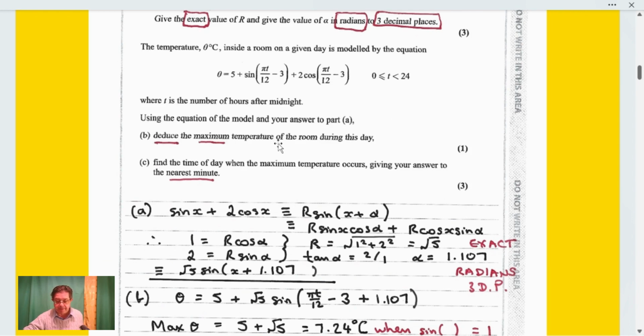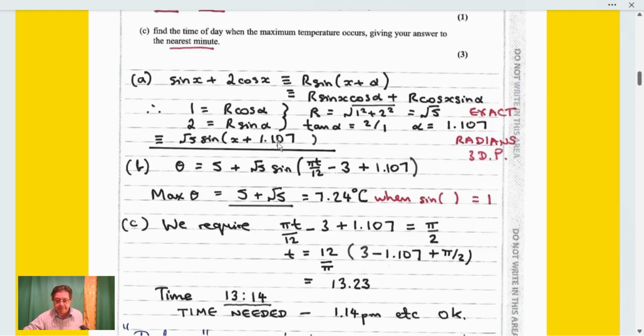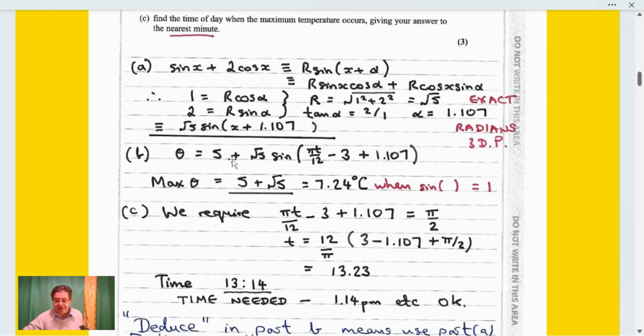So we have 5 plus, and we replace the second part using the formula from part A as root 5 sine of, instead of x this time, pi t over 12 take 3 plus alpha, which is 1.107. We want the maximum value of theta.